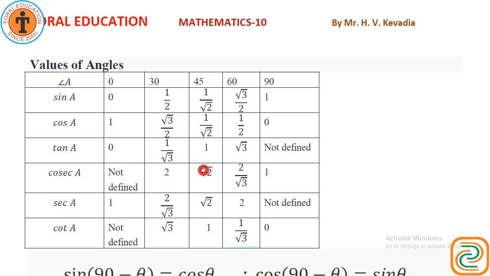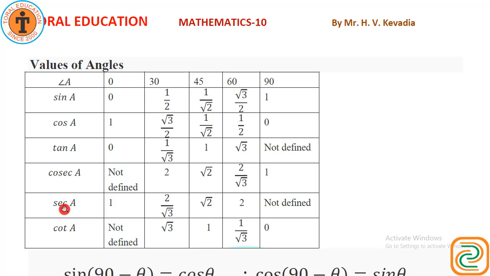Reciprocal of 1 upon root 2 is root 2. Reciprocal of root 3 by 2 is 2 by root 3. And reciprocal of 1 is 1. Okay friends, if you remember only sin, then you will get all these things.